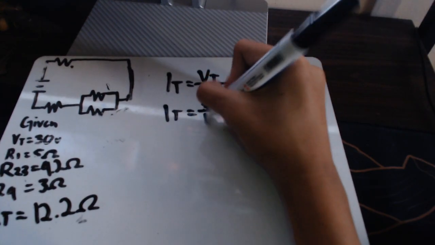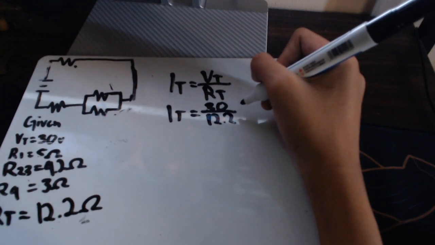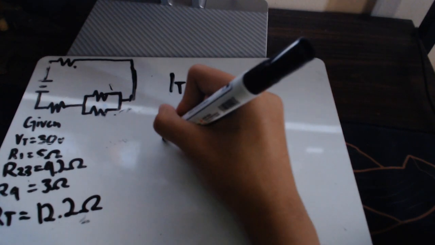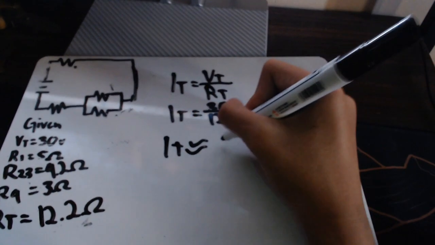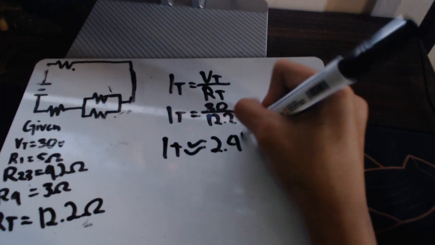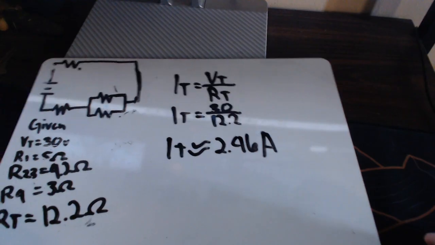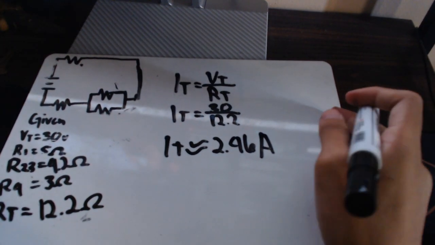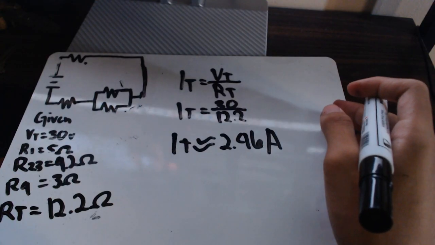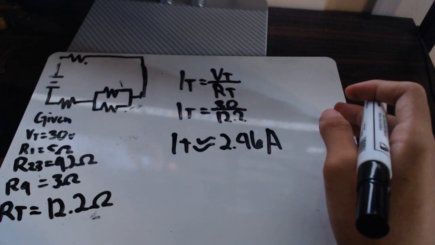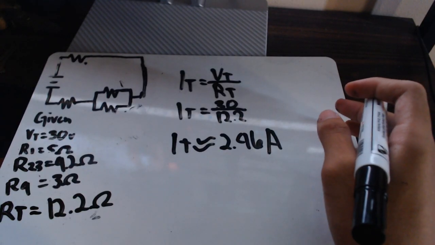And now the 12.2 ohms, and we divide, and the approximate current will be 2.46. So the total current coming from the battery is approximately 2.46 amperes. Now this is the standard next step after reducing the combination circuit to its total resistance.